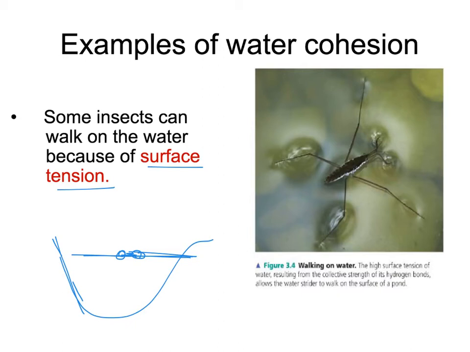Therefore, there is some kind of surface tension, and some insects can walk on this surface tension because they balance their weight on their legs. They can walk on the water because there is an attraction between water molecules, which makes a very tiny surface tension.